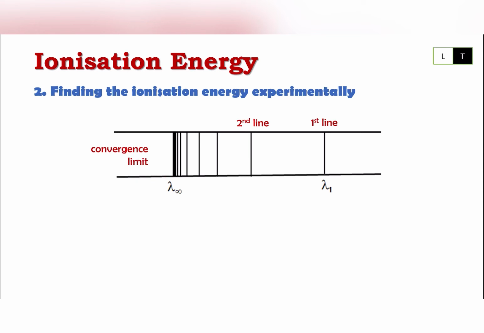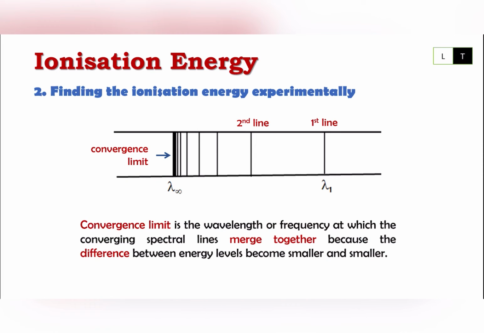The convergence limit is the wavelength or frequency at which the converging spectral lines merge together. This is because the difference between energy levels becomes smaller and smaller. You can see the distance between two different energy levels becomes smaller. Hence, I'm going to conclude here the convergence limit.